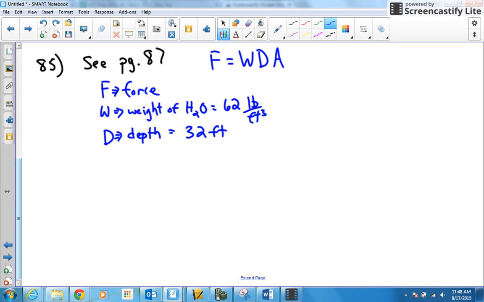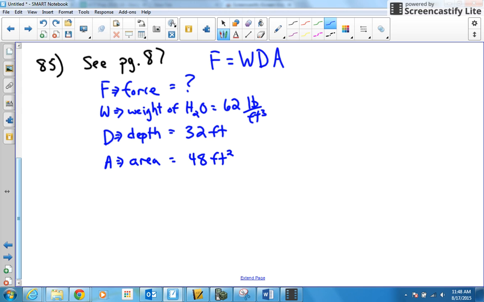And then the cross-sectional area A, we'll just call it the area, is 48 feet squared. And they're asking to find the force. So we want force. It's kind of a long paragraph of a problem, a lot of reading, but it's not really too tough if you can identify the variables and what numbers go with which variables.